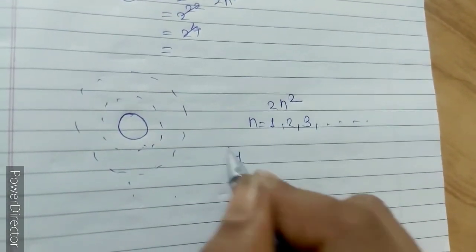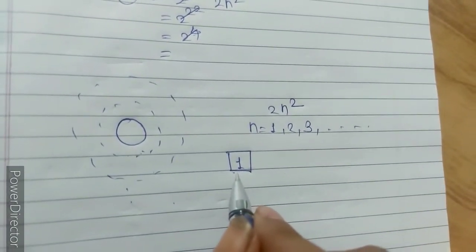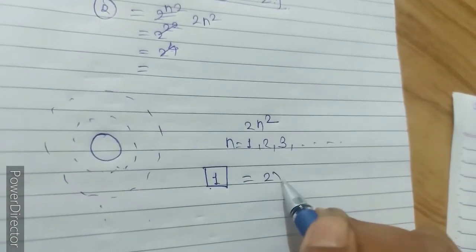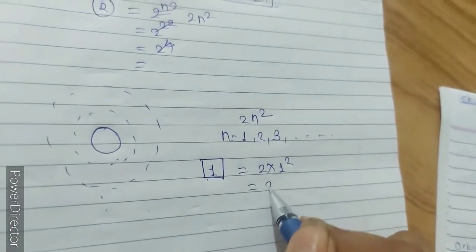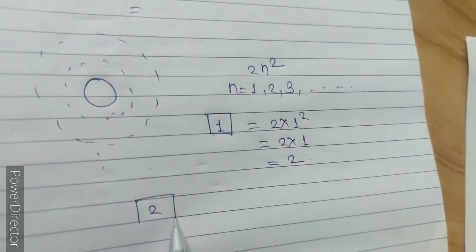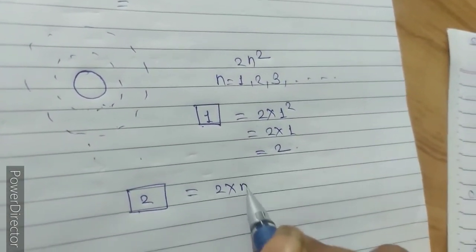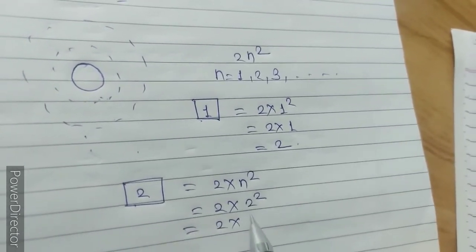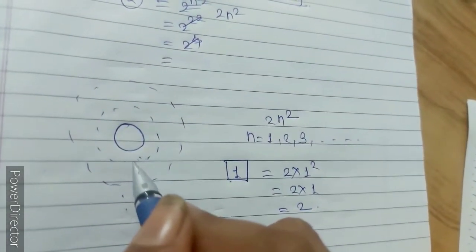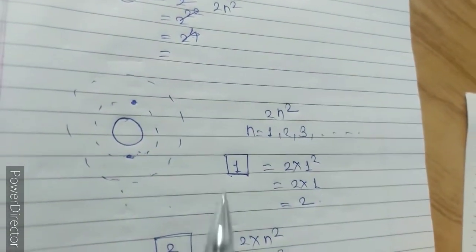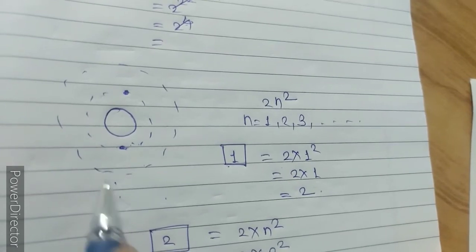For the first shell, 2 into 1 squared is equal to 2. For the second shell, 2 into 2 squared, 2 squared is 4, and 4 into 2 is 8. That means the first shell has 2 electrons and the second shell has 8 electrons.